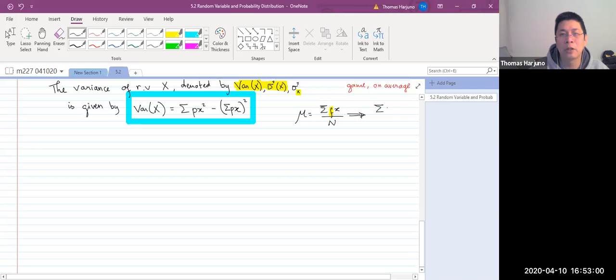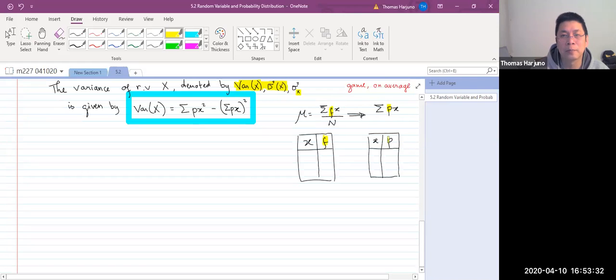Frequency distribution becomes probability distribution. When you have frequency distribution, this is x, this is f, right? Now, when we have probability distribution, we change the f to p.